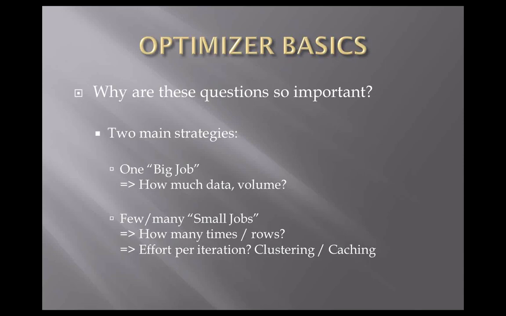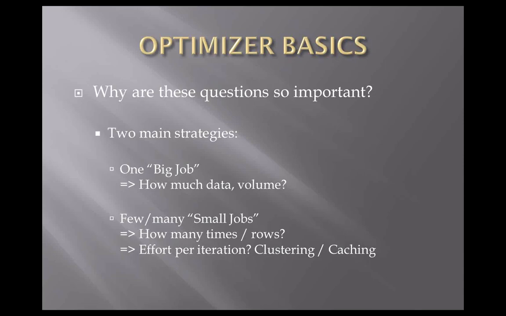So in particular, for the small chop approach, you need to know how often you have to run the small chop approach. So that is basically the question about how many rows, how many times. And there is a second contribution to the efficiency of this operation, that is the clustering and caching, that basically determines how much effort you have to put into each iteration.